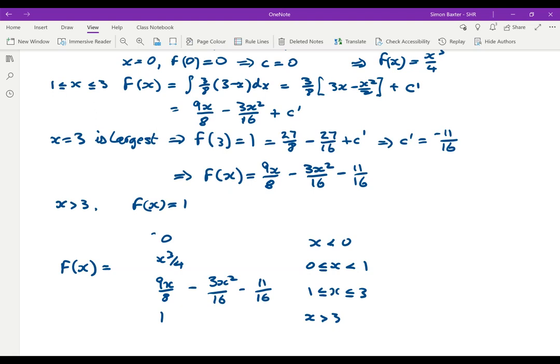So there is my definition of capital F of x.